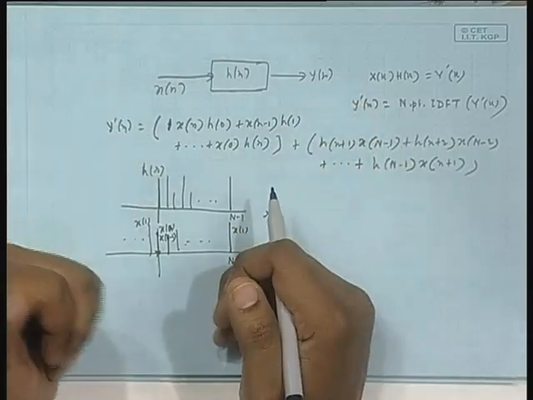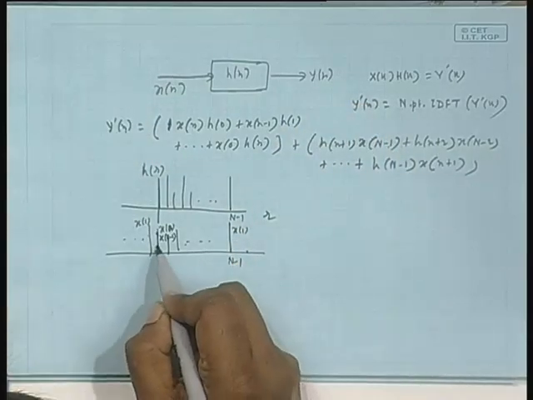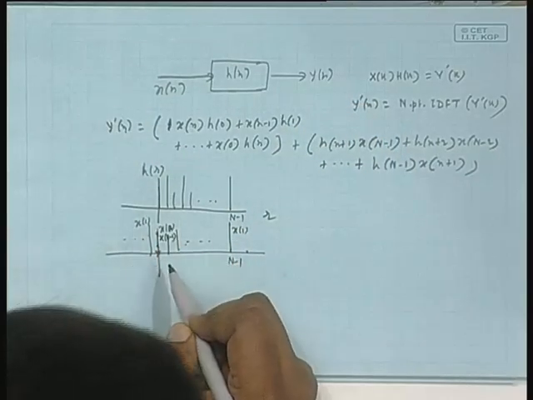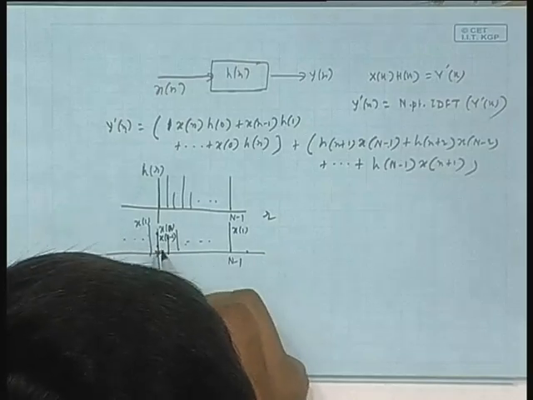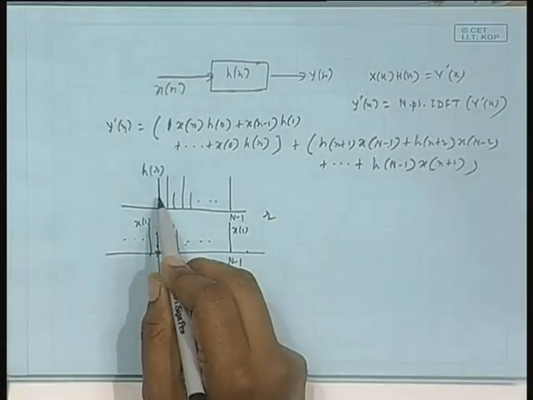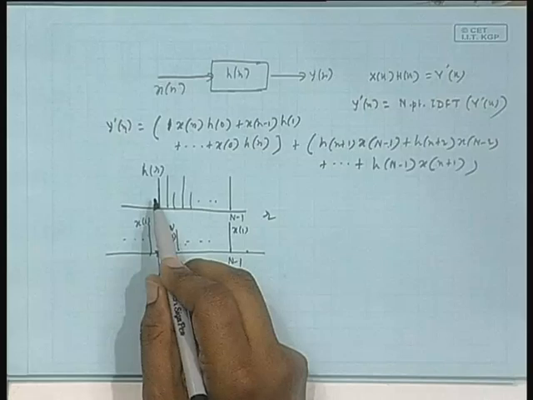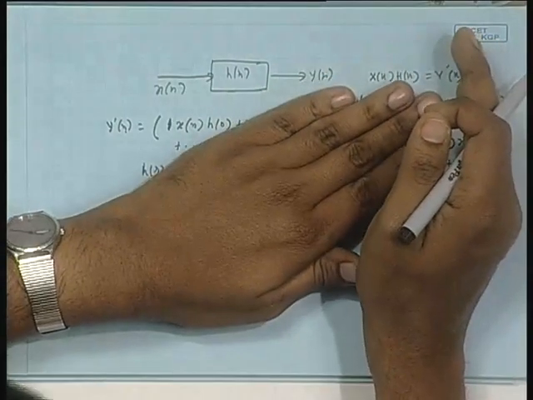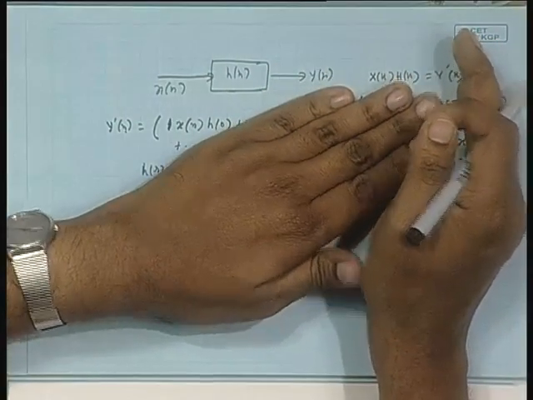to the left of this, just multiply. Obviously, you have one term x naught into h 0, this term.